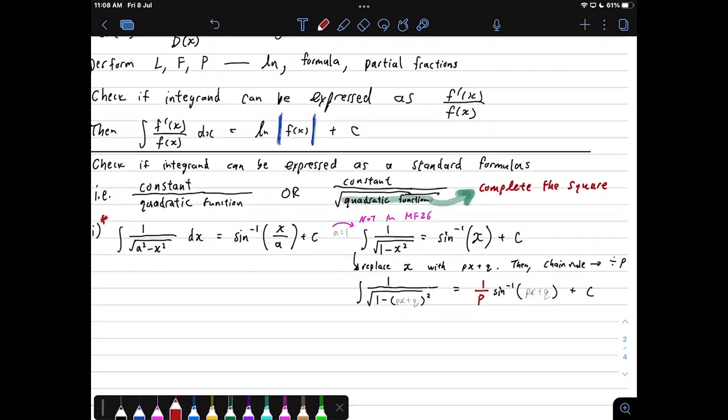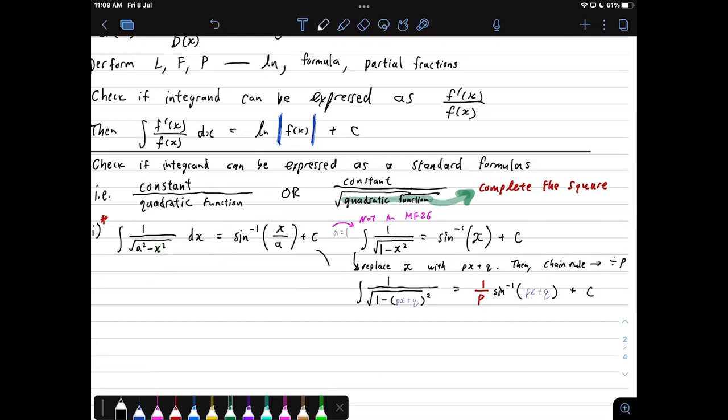I prefer this formula. There is yet another alternate formula, which is to directly replace the x there with px plus q, but then later on you still need to divide by p. Basically x here is replaced with px plus q, then you need to divide by p. Same thing. Maybe I write it down for you.